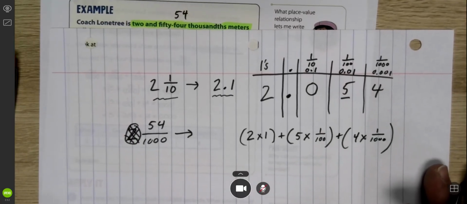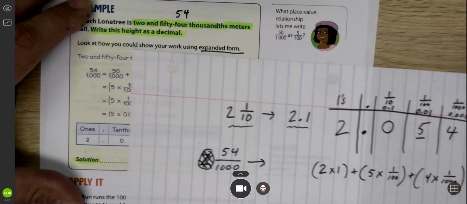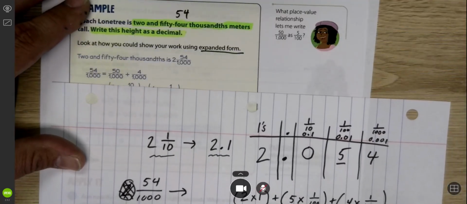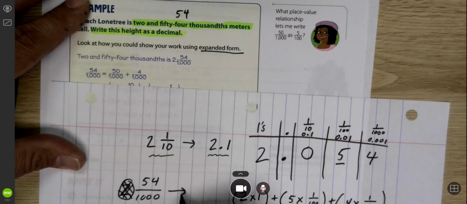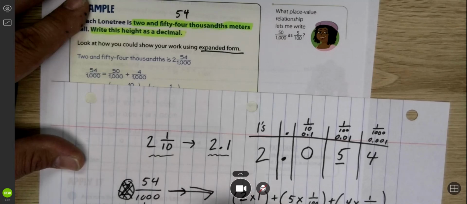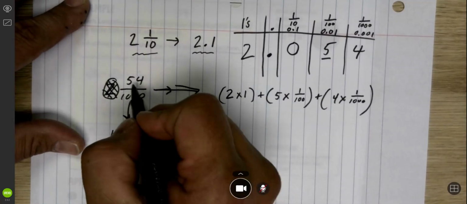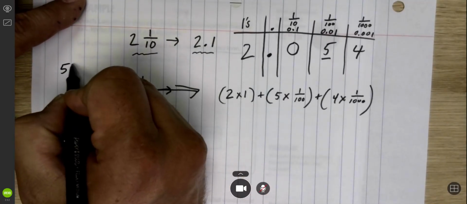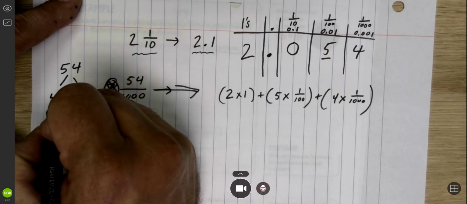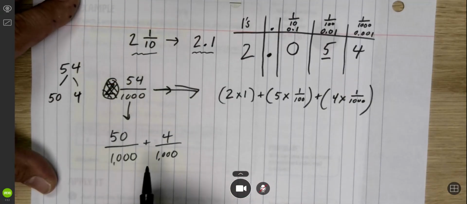That makes so much more sense than what they're doing over here by taking 54 thousandths. Wait, that's the same thing as that over there, but it's also going to be 50 thousandths plus 4 thousandths. Okay? So they're saying this 54 here, because this is the number 54, we can break it up as 50 and 4. Okay?